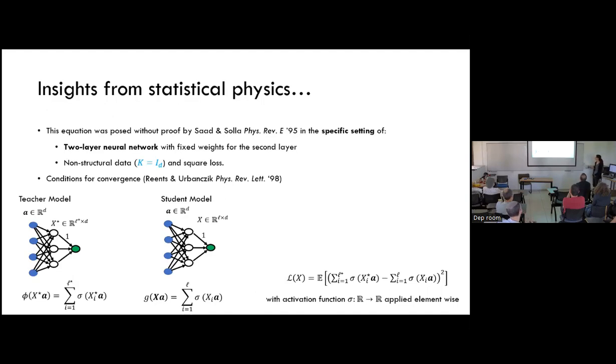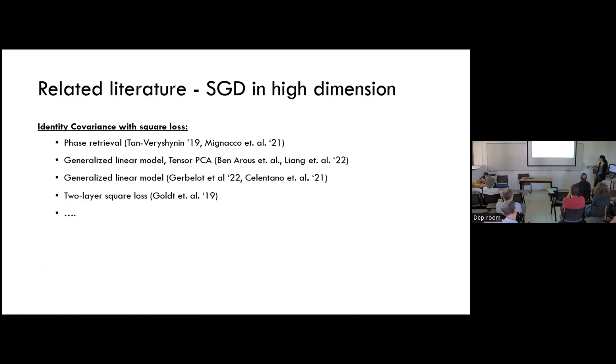Recently, there was also a lot of interest, both in the mathematical literature and among physicists, to study what happens beyond these cases and to extend this to more relevant machine learning examples. But this was done again for the non-structural data case.